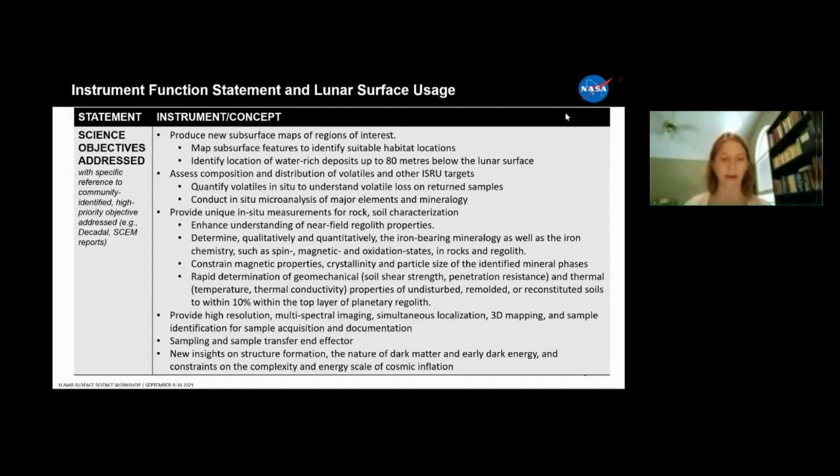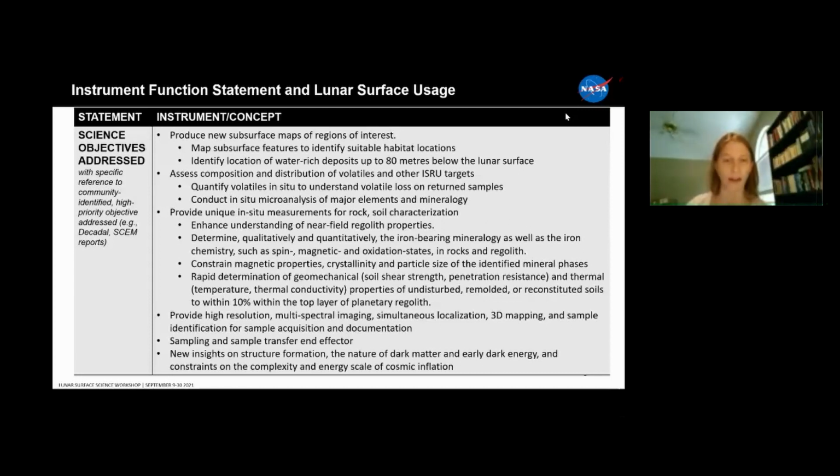And the final one here is looking at the structure, formation, and nature of dark matter and early dark matter, so an astrophysics related science objective that was identified as being achievable with a robotic arm on the lunar surface as well. So that's the spread of content that was submitted.